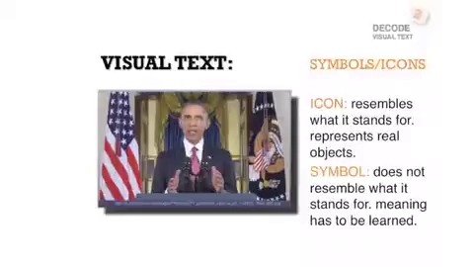The object is real. The commander-in-chief of the United States is a real person, but you could put literally anybody in that space and it would still represent the same thing. That's why it's iconic, because the character can be switched in and out and it will still kind of mean the same thing. Now a symbol doesn't resemble what it stands for at all.